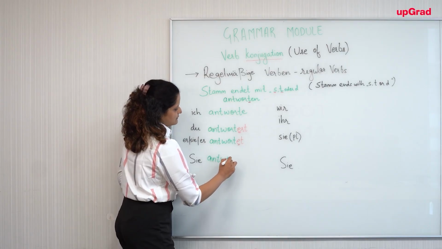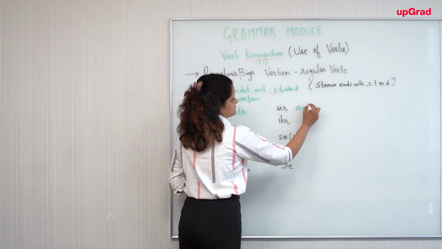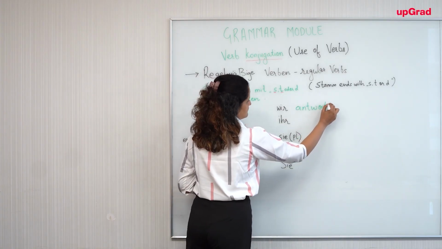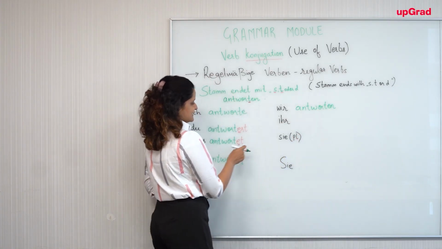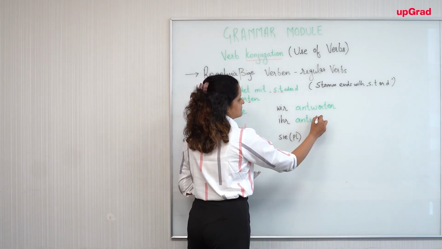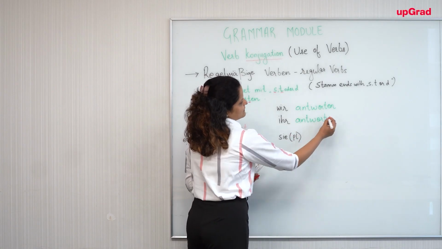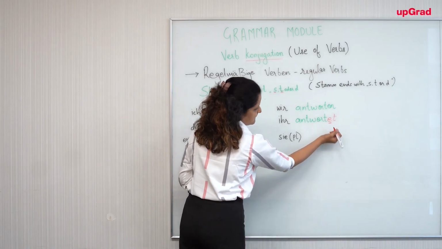Sie antworten, wir antworten. Here again that E will be added, so the conjugation becomes ihr antwortet, ET.